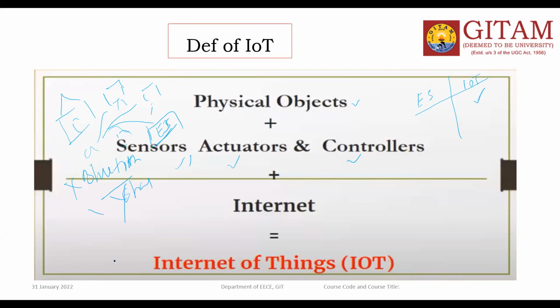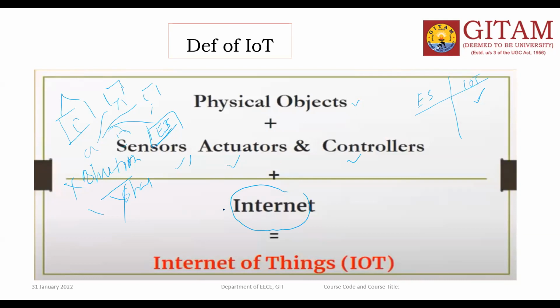By sitting in your room, you can control things at any corner of the world. That is possible with the internet. Earlier devices did not have any provision for an internet connection, but now each and every device has one.